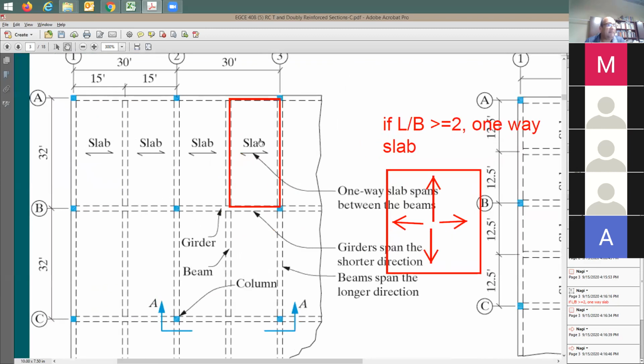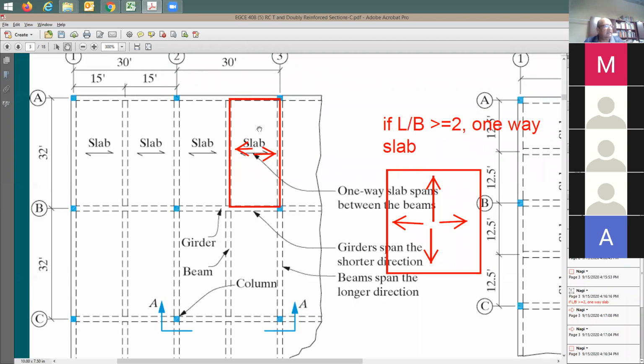In this concrete slab, when it is one way, 1/2 the load is going to be coming this way, and 1/2 the load is going to be coming this way. Almost nothing is going to be going in that way, because the load here is looking for the shortest distance to get transferred. As long as the aspect ratio is equal to 2 or more, you're going to have one-way slab and you're not going to have this two-way slab action.